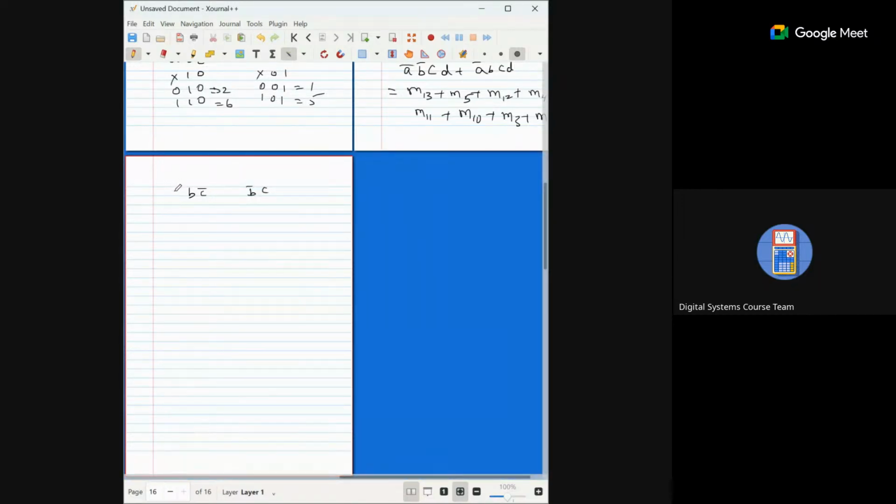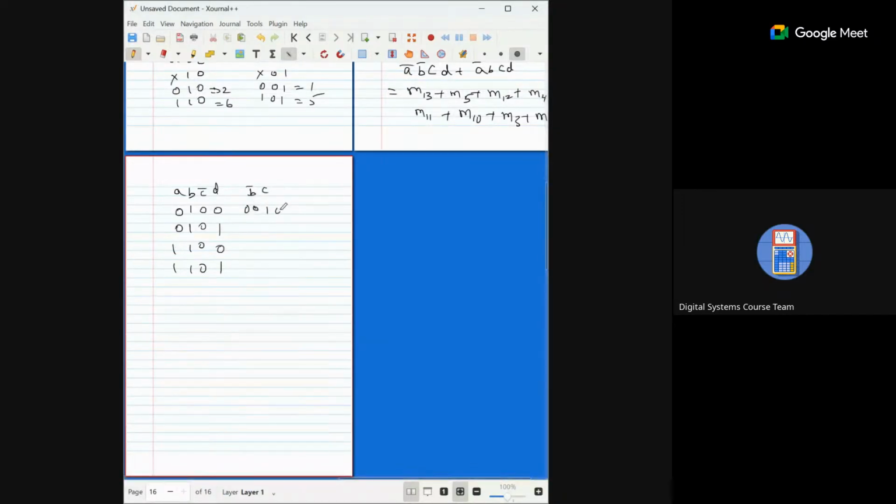So these two terms are constant, so it is 1 0 0 1. Similarly, I have two remaining elements, A and D. So A and D can be two inputs. I have 4 combinations. A will be 0, D will be 0. A will be 0, D will be 1. A will be 1, D will be 0, and both are 1. Whereas B and C remain constant.